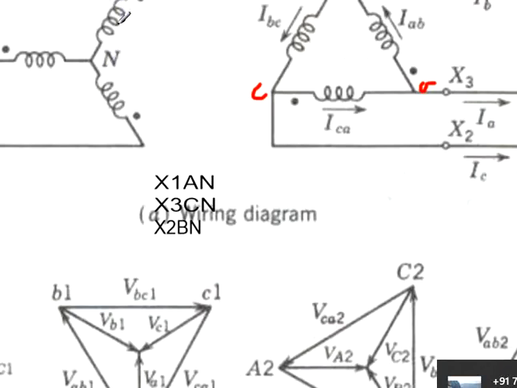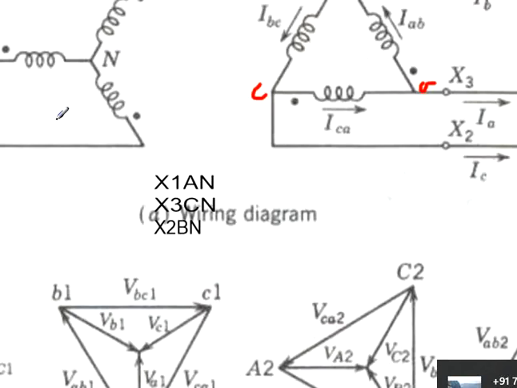I will just strike out this N. The meaning of VA1 is that it is the phase voltage between A and neutral. VB1 means it is the phase voltage between B and neutral. And VC1 is the phase voltage between phase C and neutral.